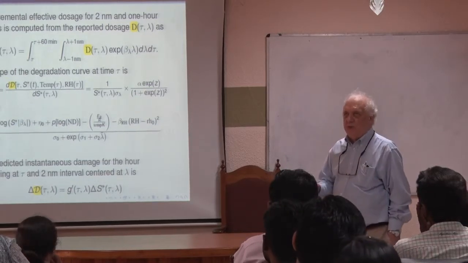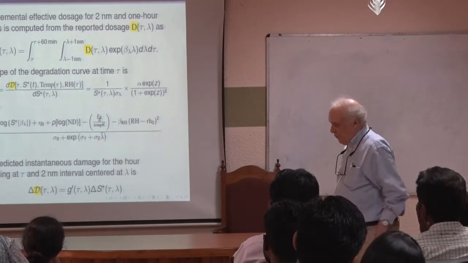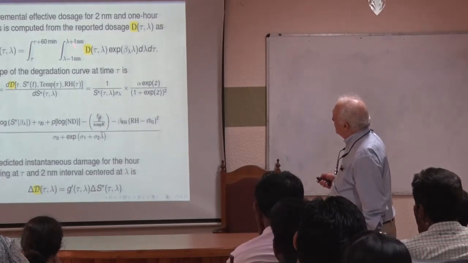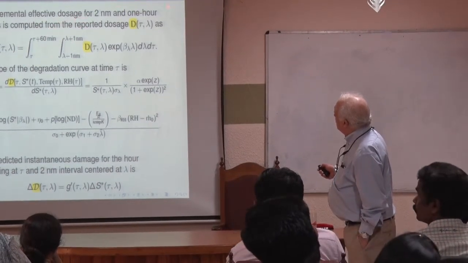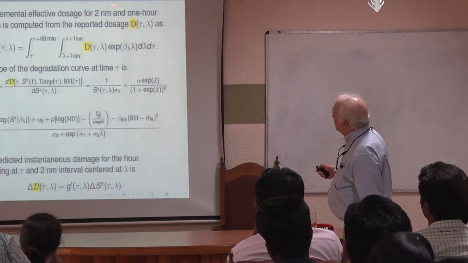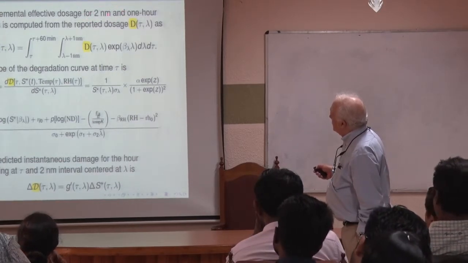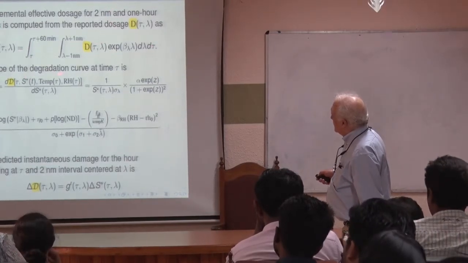I'm running out of time now, so I'm not going to go through the details of the formula, but basically it's the same formula we fit inside, except we've discretized over 1 hour. So 1 hour, and we also discretized the spectrum by 2 nanometers, and that just allows us to do this integration.